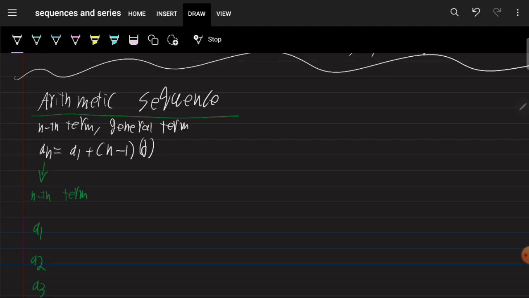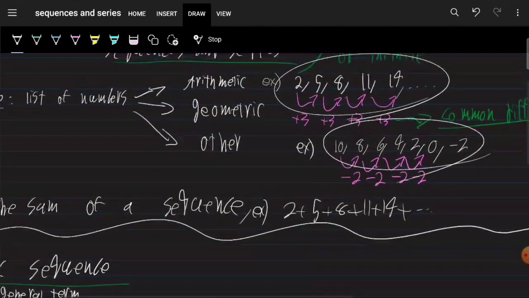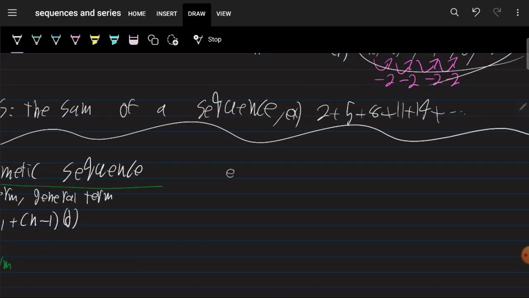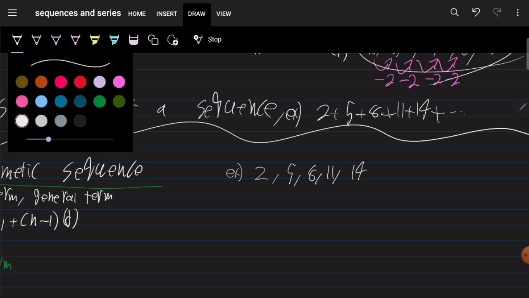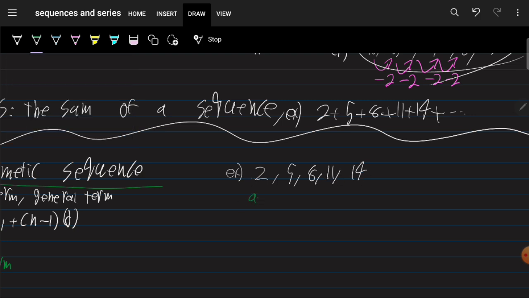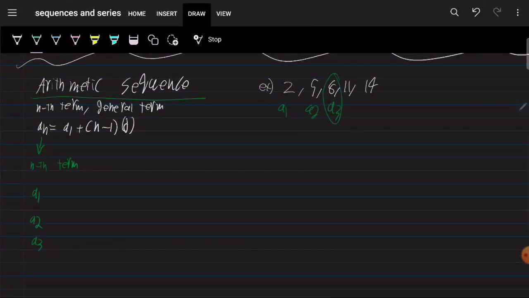So in our example of 2, 5, 8, 11, 14, a1 would be 2, a2 would be 5, a3 would be 8, and so on. Okay, so that's what this an represents.